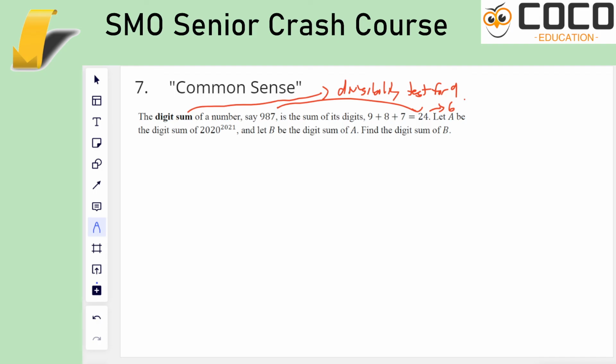That means that in this case, if you want to find out the digit sum of b, to use a touch of modular arithmetic notation, all of these are going to be the same modulo 9.